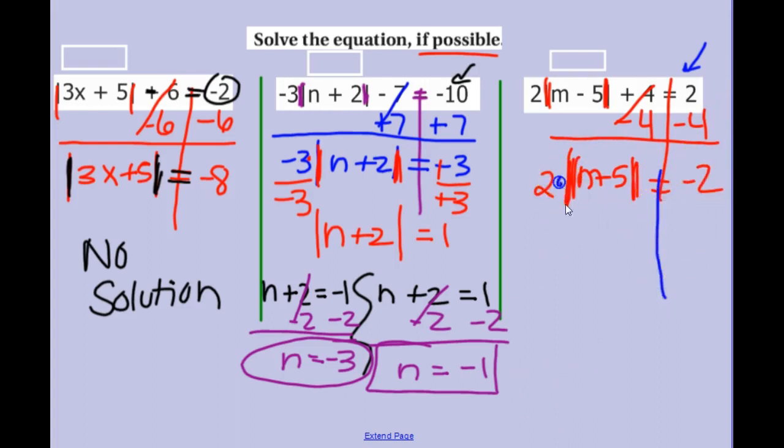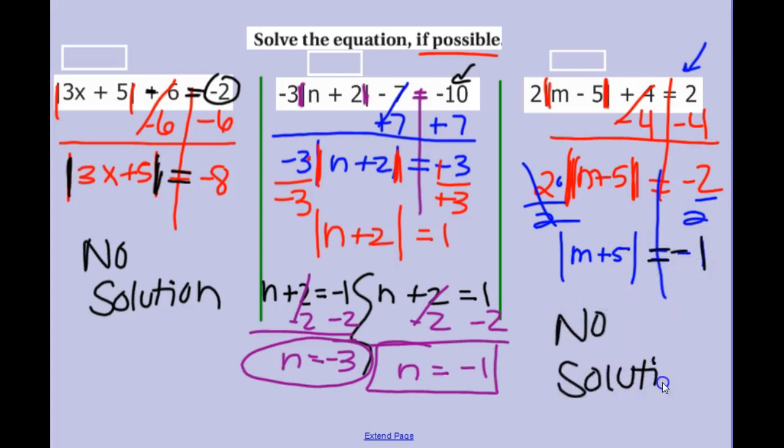And then the opposite of multiply is dividing by 2. So the absolute value of m plus 5 equal to a -1. Right here, we are equal to a negative number, so this is no solution. Because the distance to 0, absolute value really means the distance to 0, can't be a negative number.